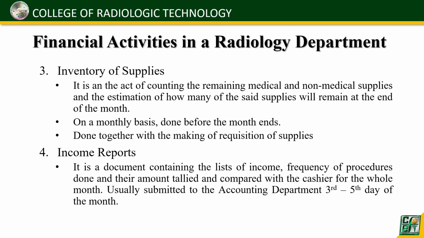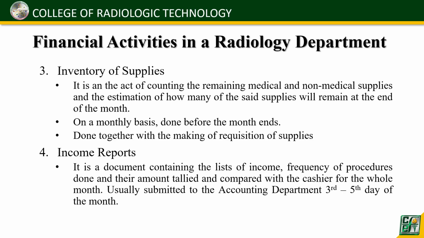So, magbibilang ako ng 30. So ang ililista ko sa inventory ko is 20. 20 lang yung natira. Okay? And based doon sa inventory, magre-request ako kung gaano karami yung kailangan kong X-ray envelope for the month of October.